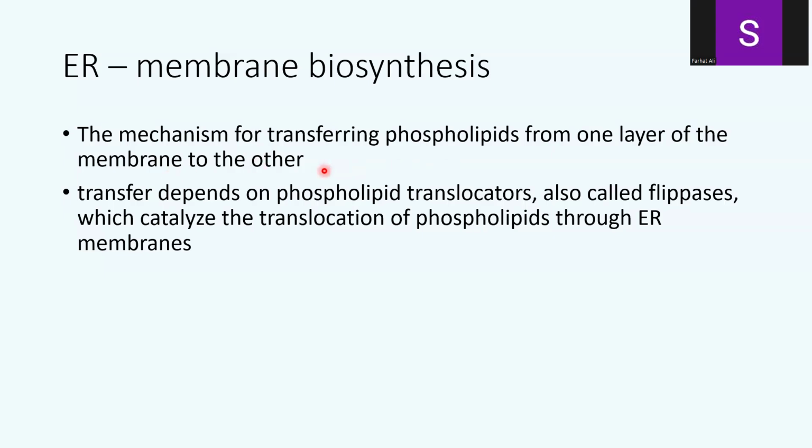And as the lipids are synthesized, there are translocators called flippases, so they can move the lipids from one leaflet to the other. In this manner, the membrane portions are synthesized by the ER, and through the vesicles, they are transported to other components of the membrane, including the Golgi membrane, organelle membrane, and then eventually the plasma membrane of the cell.